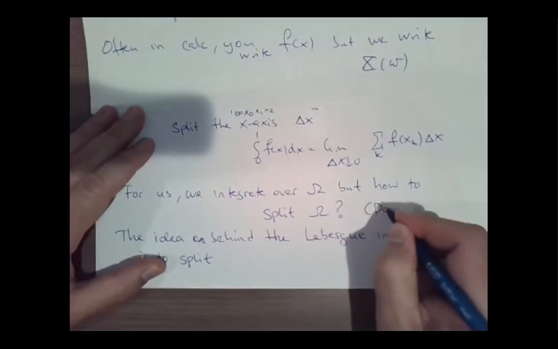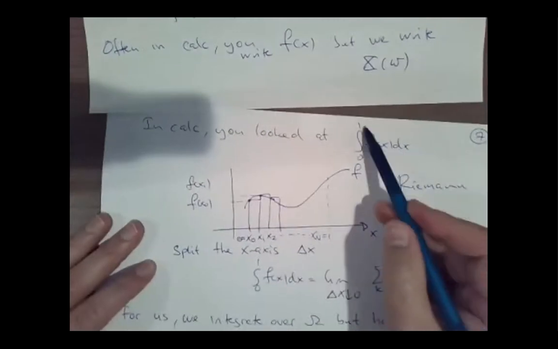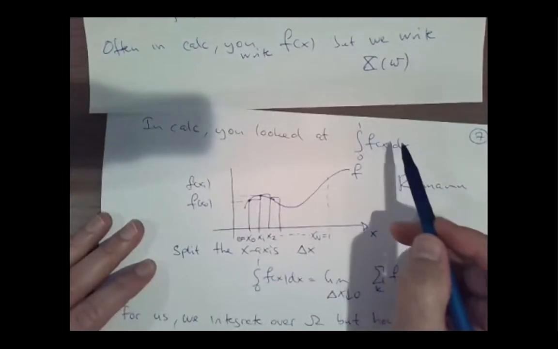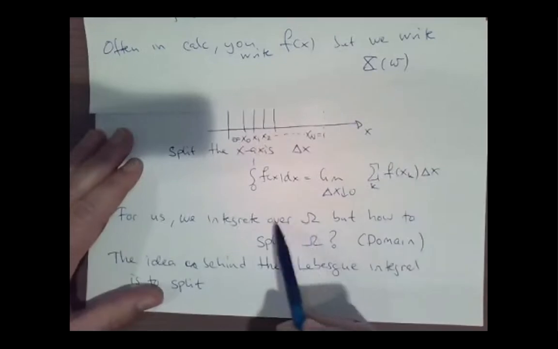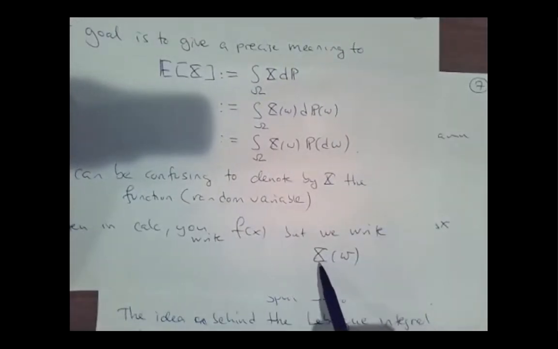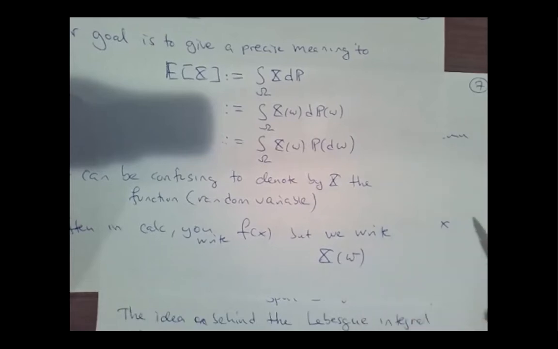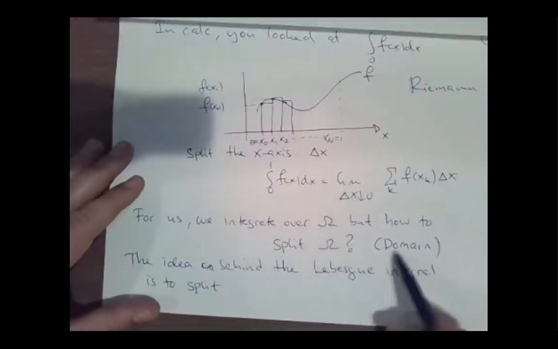This is the domain. The interval 0 to 1, this is the domain of f. Omega, this is the domain of x, right? Those are the elements that we can feed into x and get numbers out. And this is what we don't know how to split.